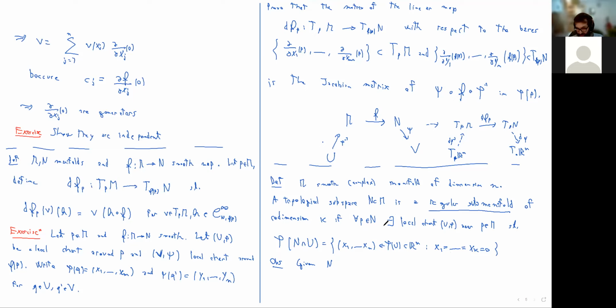But if you ask the same thing for every P in M, then the open interval between 0 and 1 in R2 is not a regular submanifold, because if you take the point (1, 0), then you don't have such a chart. But we don't require it to be closed. So for me, (0, 1) in R2 is in fact a regular submanifold. Okay.